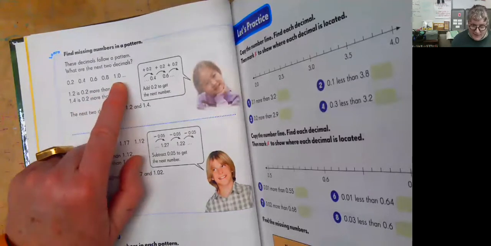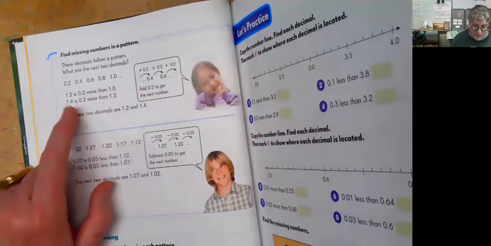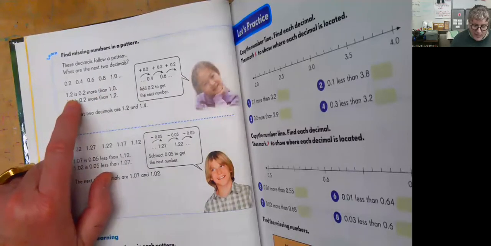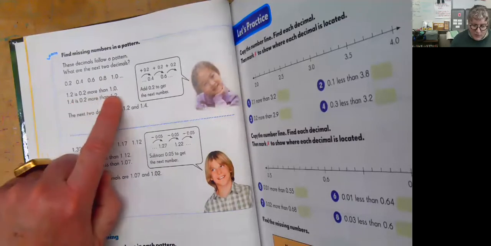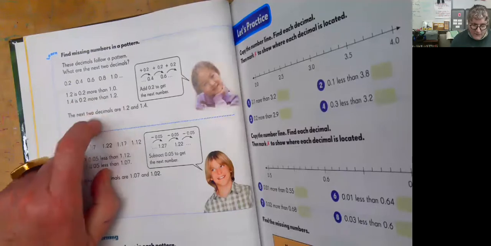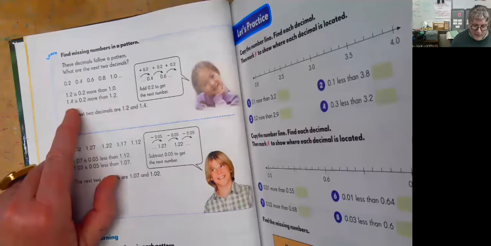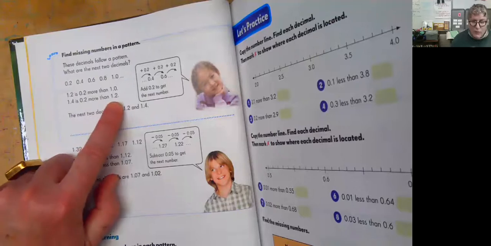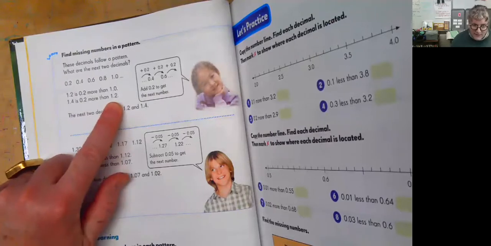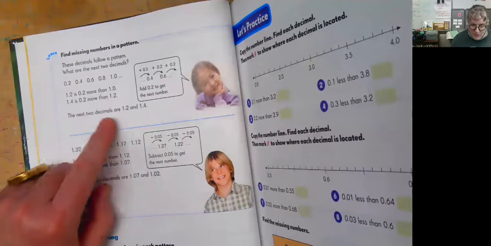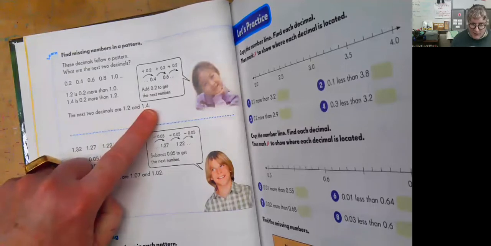This is 10 tenths or 1 whole. So the next number is going to be 1 and 2 tenths, which is 2 tenths more than 1 whole, right? 1 and 4 tenths is 2 tenths more than 1 and 2 tenths. The next two decimals are 1 and 2 tenths and 1 and 4 tenths.